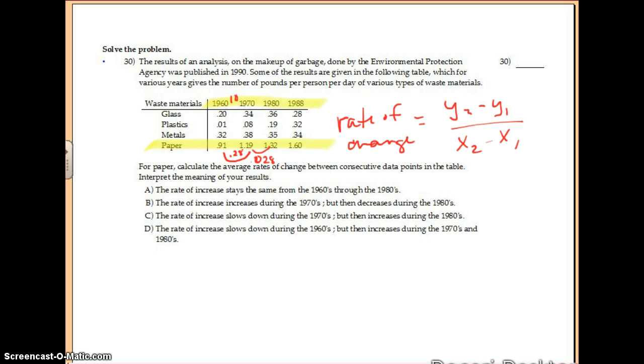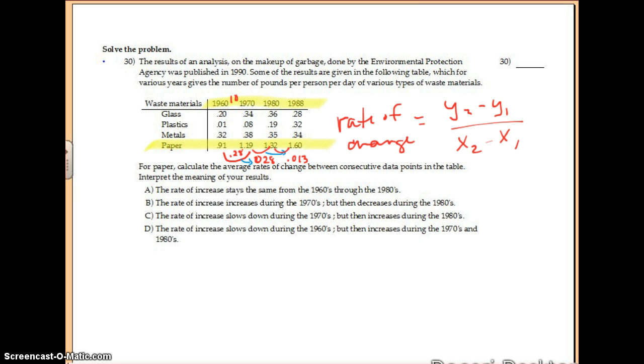Find the difference, 1.32 minus 1.19, divide it by the 10-year period, and its rate of change is 0.013.